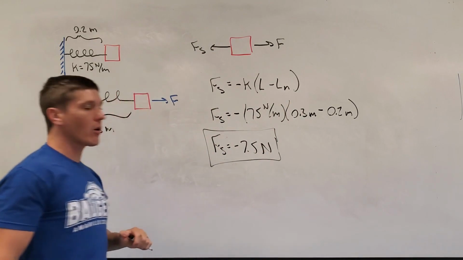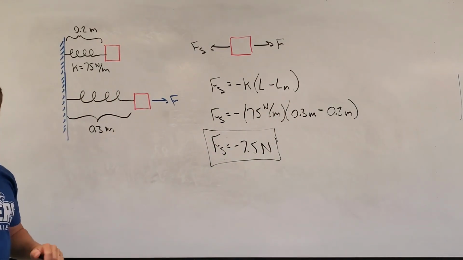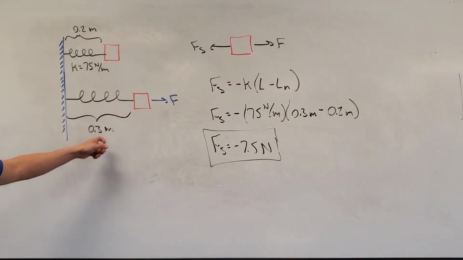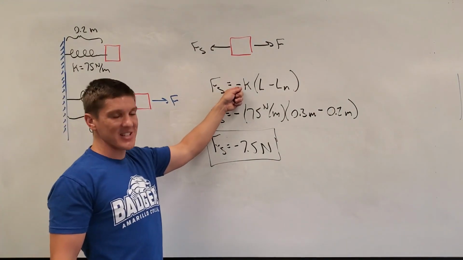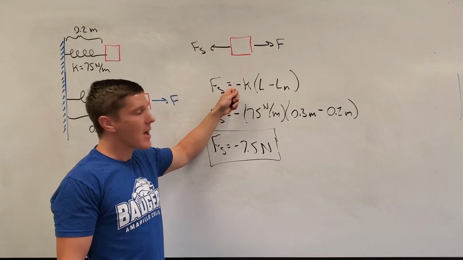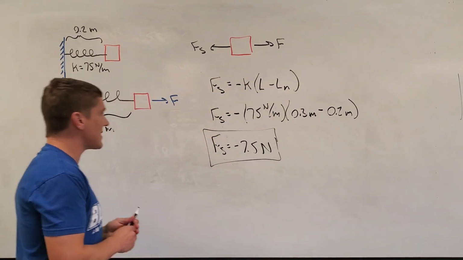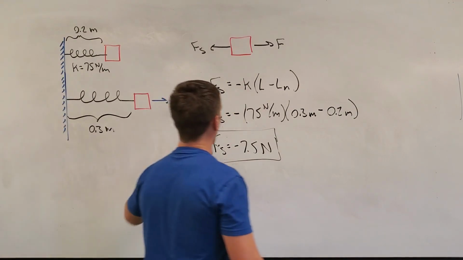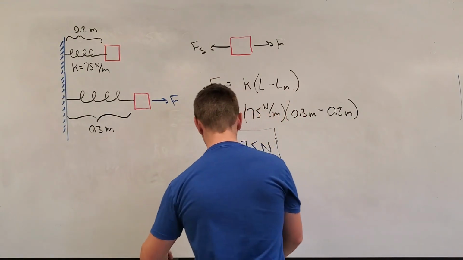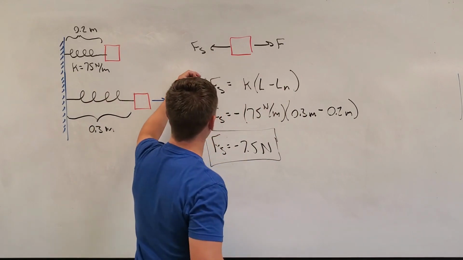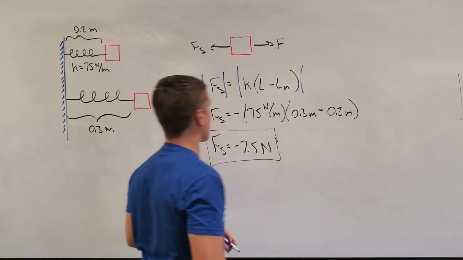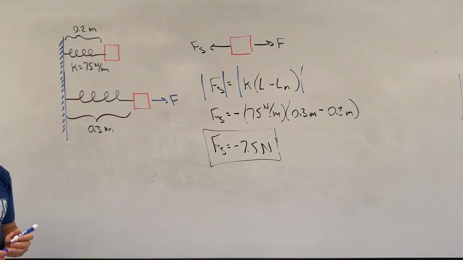Okay, now I want to be real careful with how we consider these problems. It's really easy when you work Hooke's law problems to get all bent out of shape about this negative sign out front. A lot of times it's almost easier to consider the magnitude of Hooke's law, saying that the magnitude of the force is going to be equal to the spring constant times the change in length.